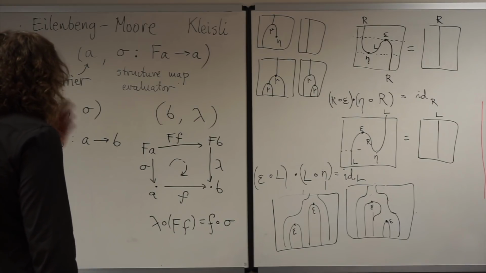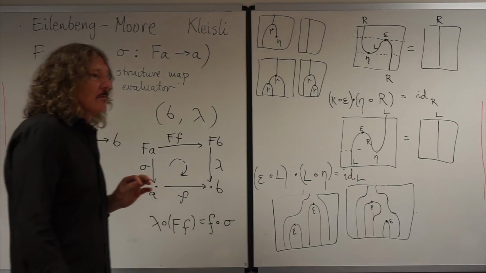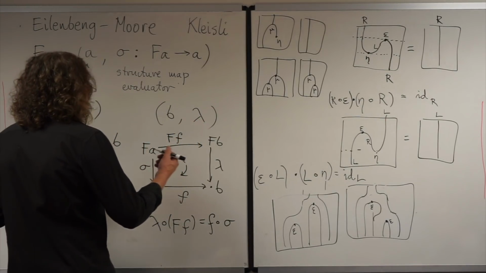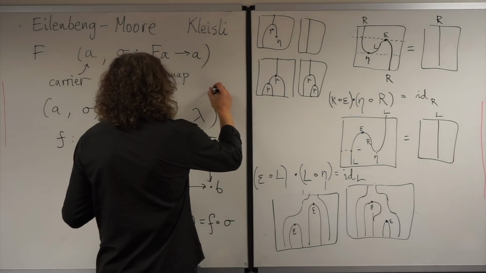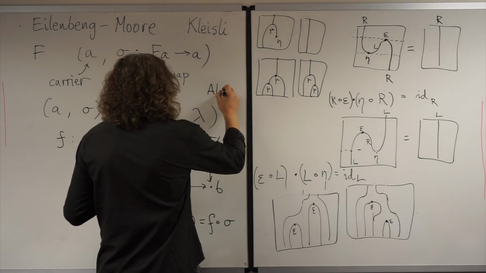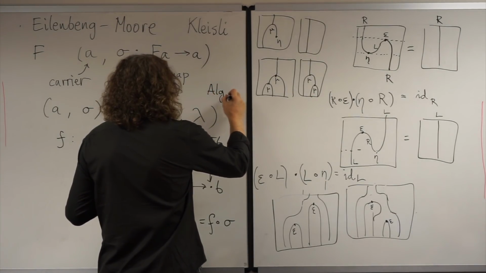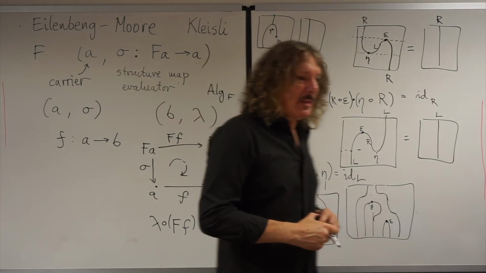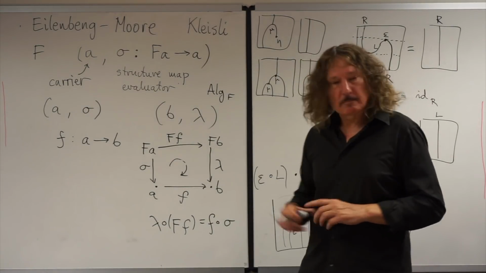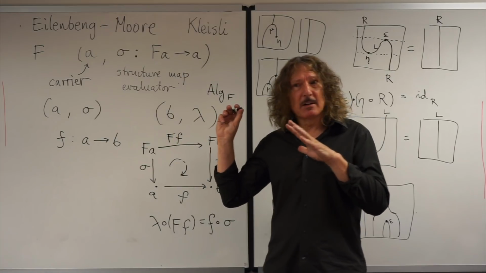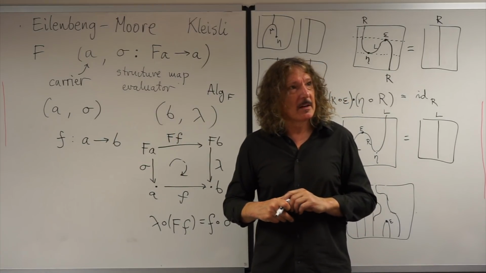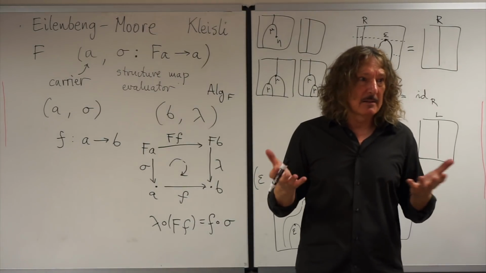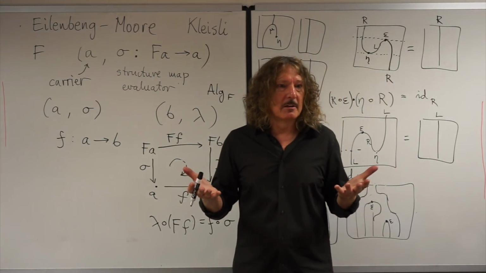Okay. So that's a category of algebras that is called Alg F for a given functor F. Now, going back to what I was talking about before, I was talking about monads, right? So a monad is also an endofunctor.